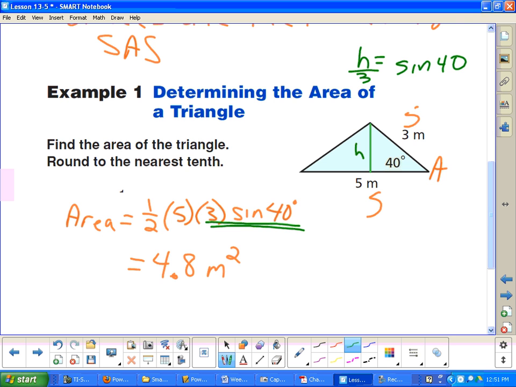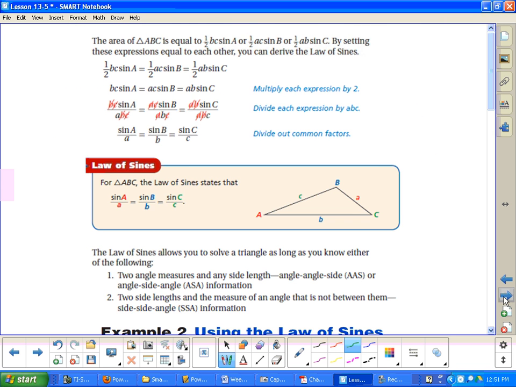All right, the law of sines. The law of sines is actually formulated from those three formulas that we used to find area. If we took those three formulas and did appropriate manipulation, we would end up with the law of sines.